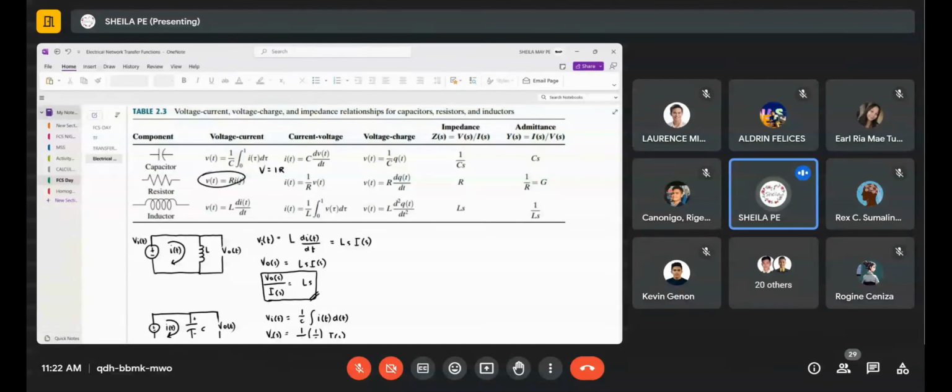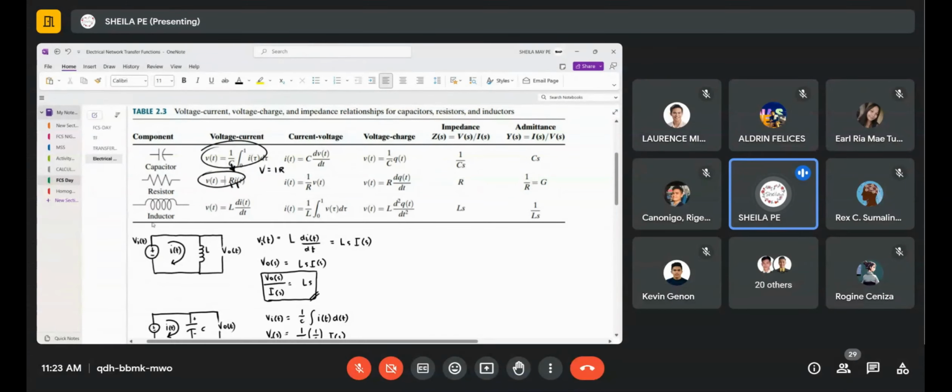If we take the Ohm's law, that's R and I. Now for our capacitor, in the Ohm's law it takes the form of 1 over C. It's in terms of our resistance because it's charge. And our I in here is just the integral because we have changes in our current, so that's the integral.